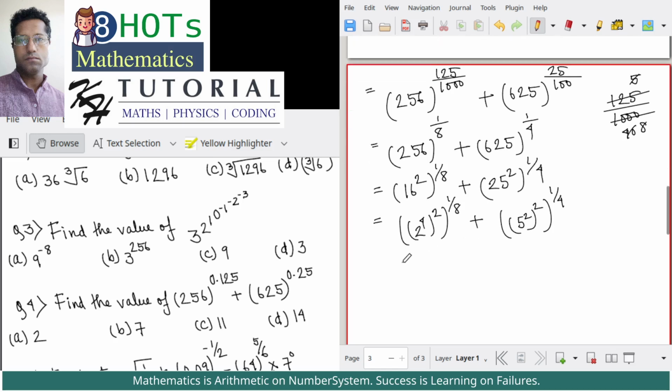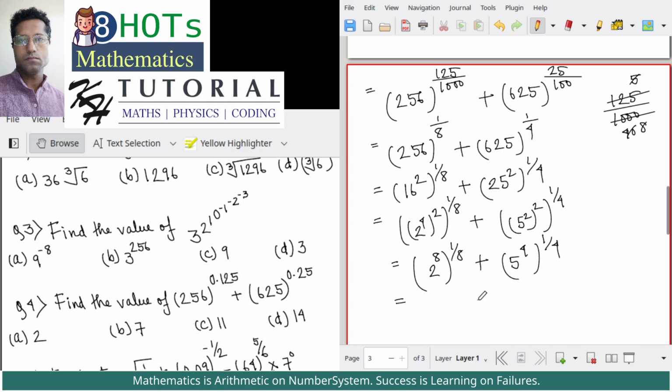So now you can see that 2 to the power 4 raised to the power 2 is nothing but 2 to the power 8. Similarly, 5 square raised to the power 2 is nothing but 5 to the power 4.